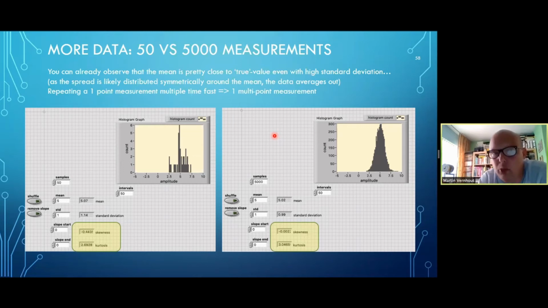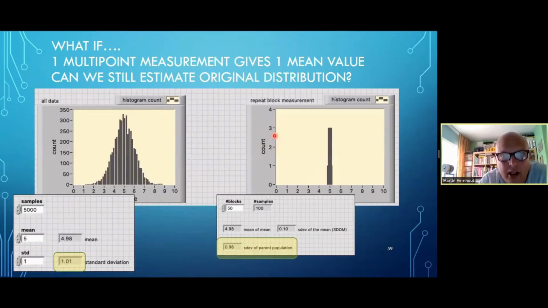What we could do is, instead of repeating that 1-point measurement, we take a multi-point measurement. That means quickly collecting data, let's say 500 samples, and not looking at the distribution, but only at the average value. If we do that, there are fewer values reported because you've now collected, in this case, 100 samples 50 times instead of 1 times 5,000 measurements.